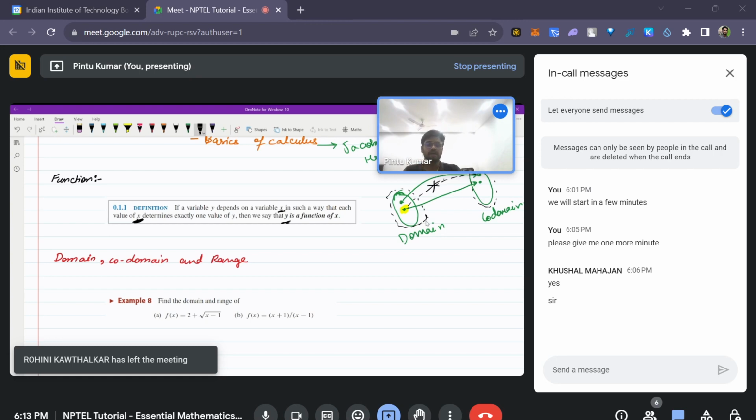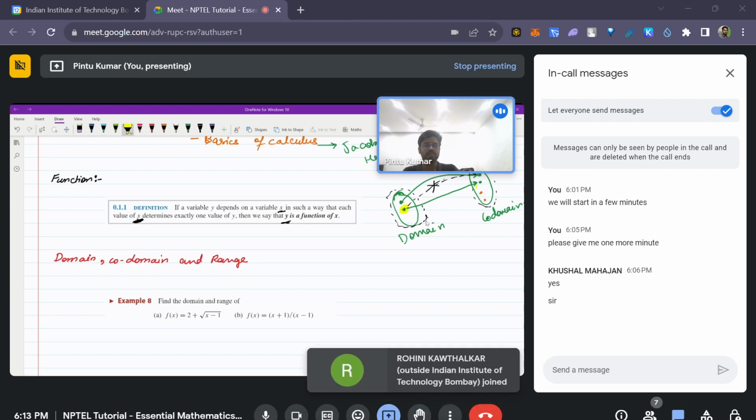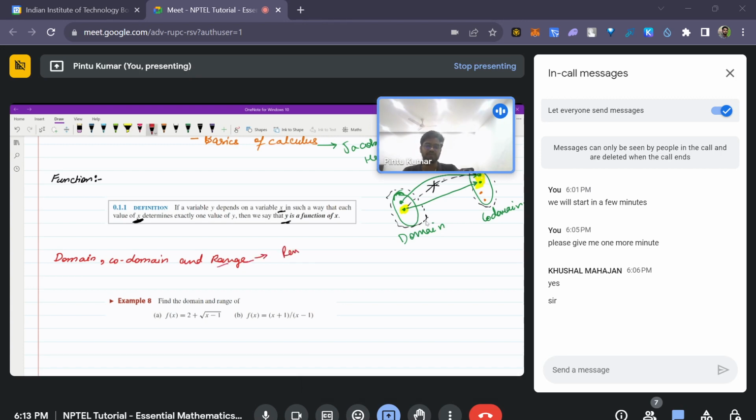Now I said that every element of your domain should be mapped, but it is not necessary that every element of your codomain is also occupied. There can be some elements in the codomain which are not occupied. If you take the set containing all the elements in the codomain which are occupied, that set forms the range space of that function, that is the range of the function.